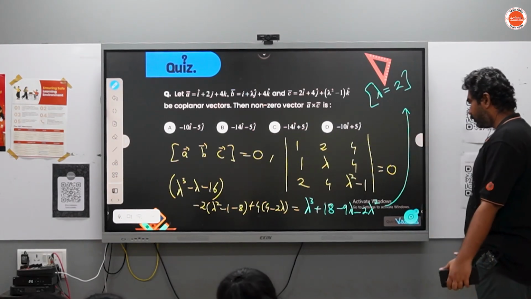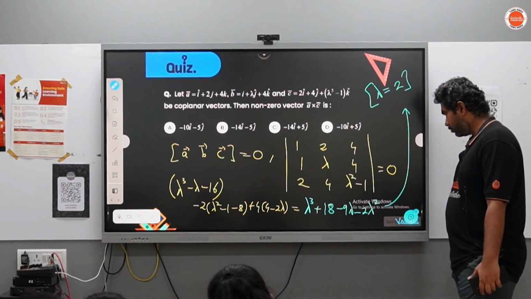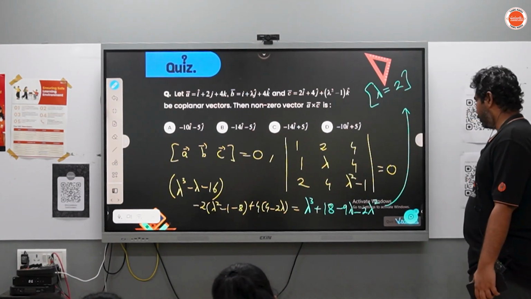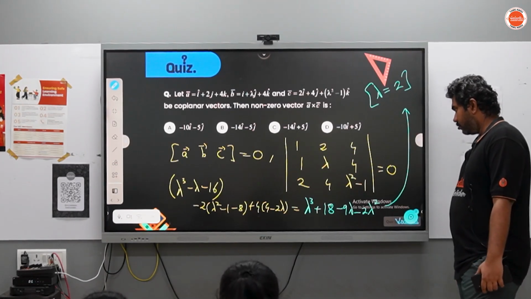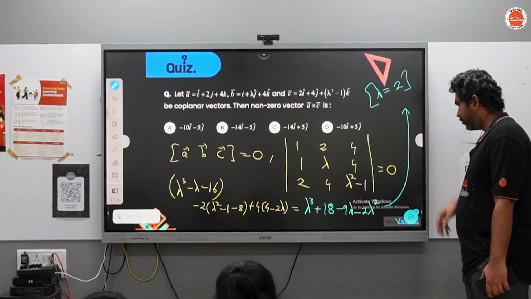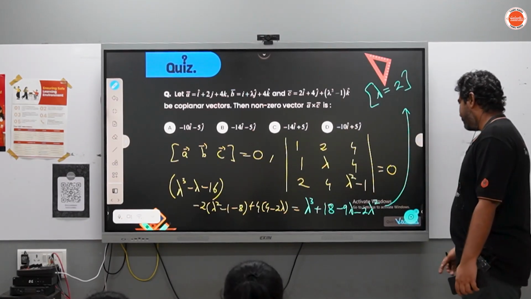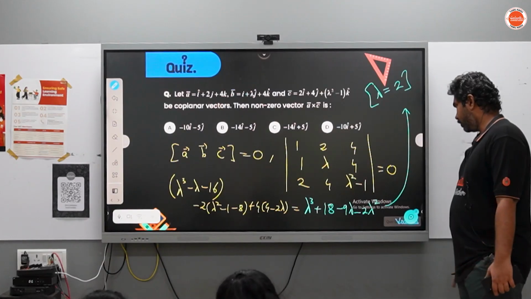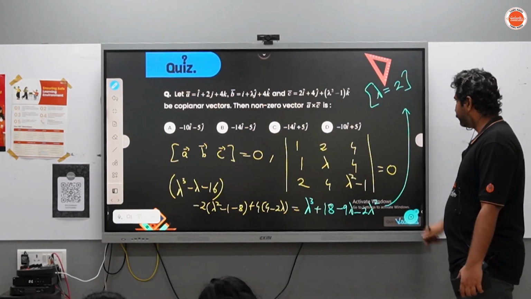0 cannot come. Minus 1 is also not possible. What about 3? 3 cube is 27, 9 3s are 27, cancels, 27 minus 27. Yes, 3 works.